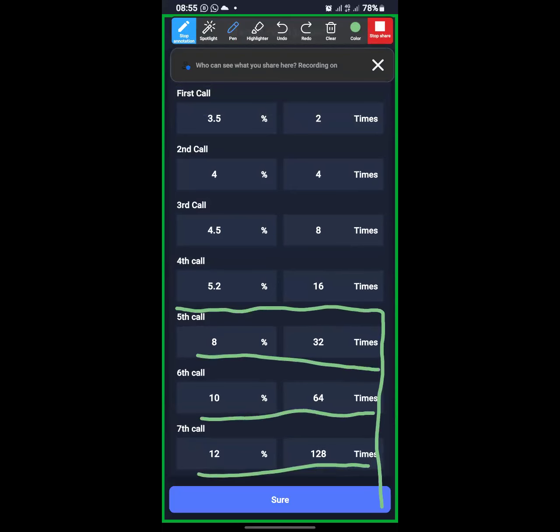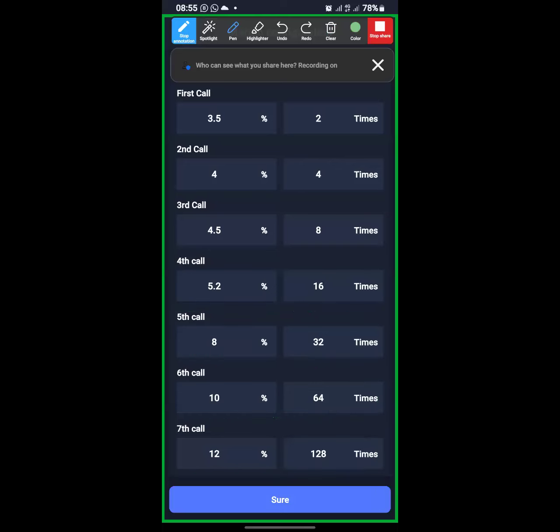Whatever is bought from the 5th call is sold independently. So the first 4 margin calls are not so important in the game, though they are important. It's the foundation of the strategy, but we don't put much focus on this, but you have to set them well as well.